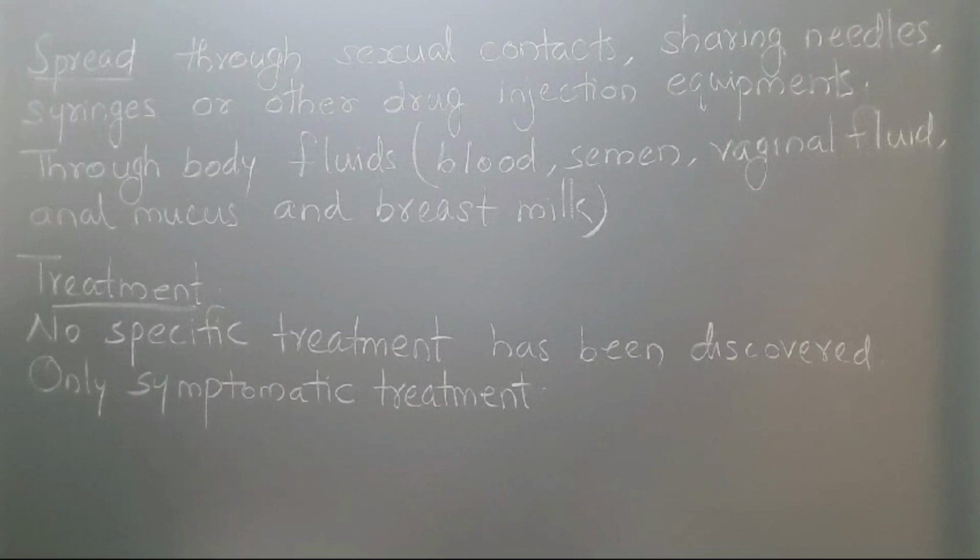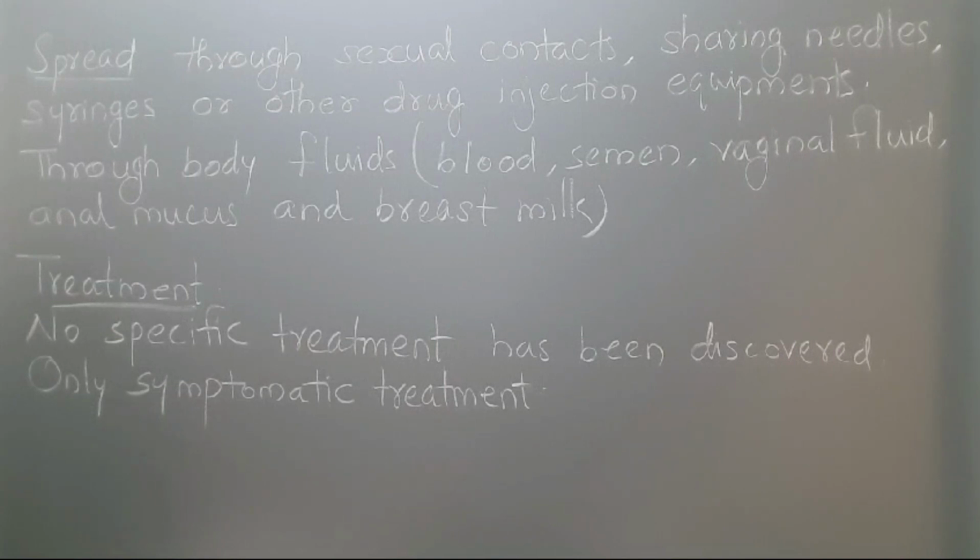Somebody else's blood when we transfuse to our body, or our blood when we give to another person, you have to do the test investigation and make sure that AIDS is negative, and only then should you take the blood or give the blood. Then breast milk: a child drinking milk from the mother, through breast milk also it transmits, and semen, vaginal fluid and anal mucus also.